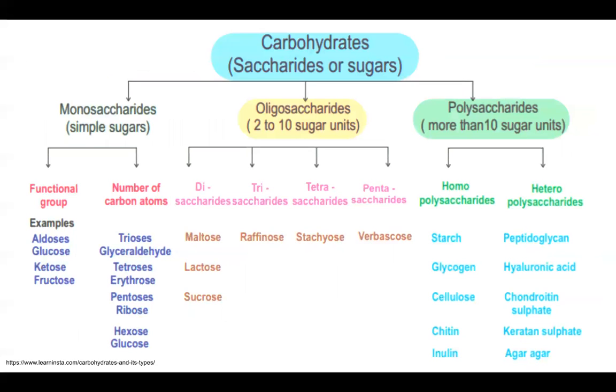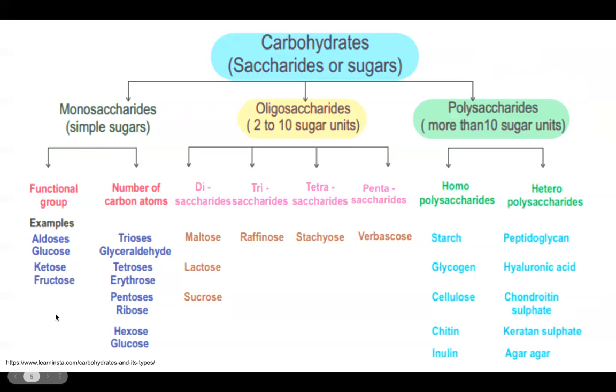Carbohydrates are classified as monosaccharides or simple sugars, oligosaccharides that consist of 2 to 10 sugar units, and polysaccharides, more than 10 sugar units. Monosaccharides or simple sugars are divided into groups depending on functional groups and the number of carbon atoms.